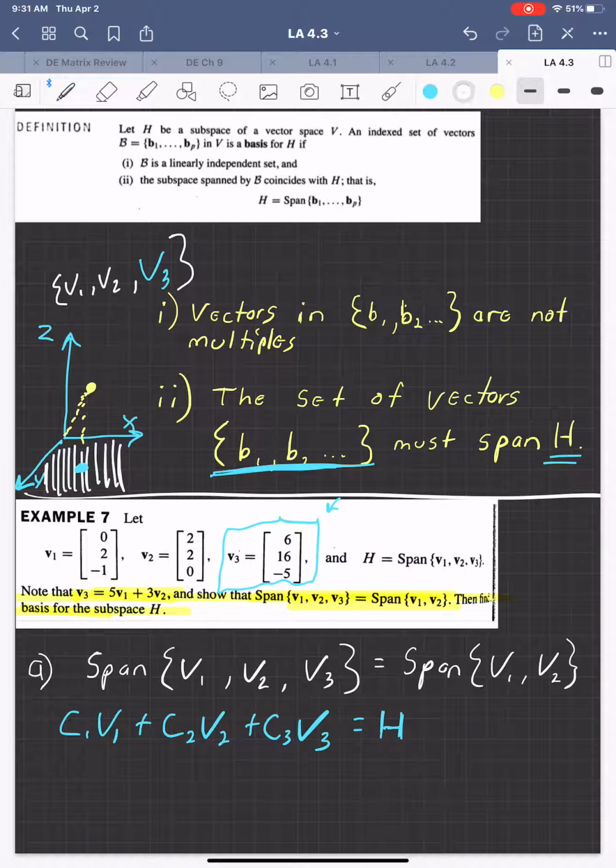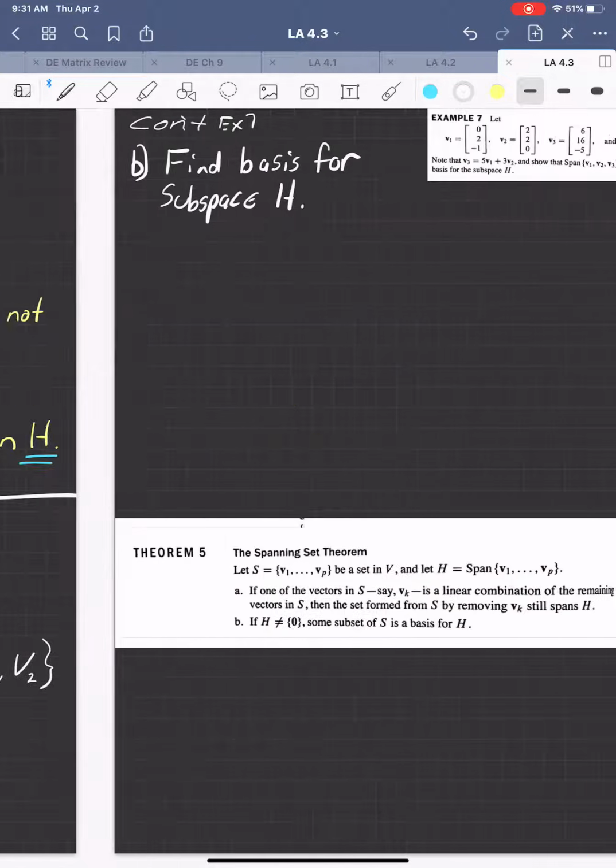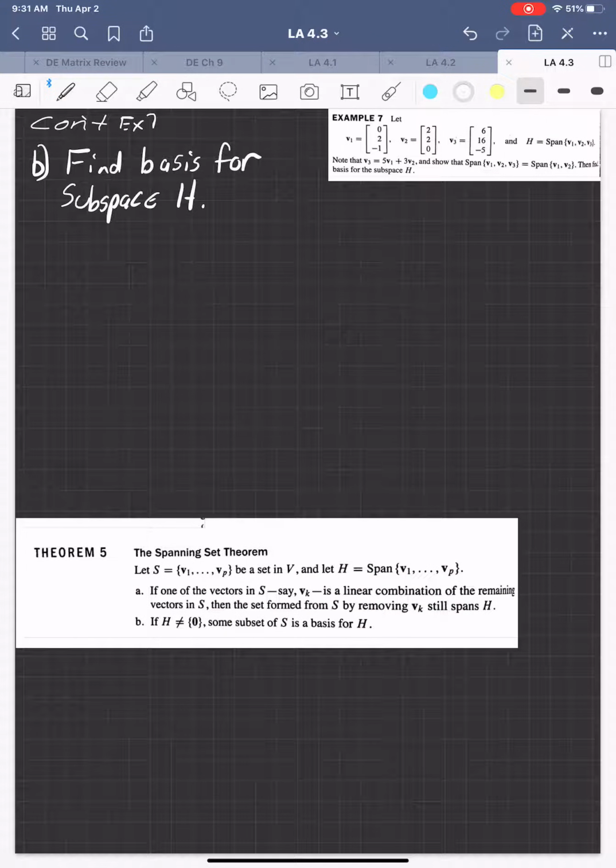So that's what's happening here. Intuitively, I am going to be able to throw out that third vector, but that's me just talking about it, not showing you.